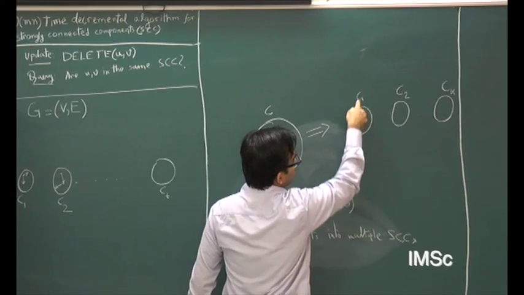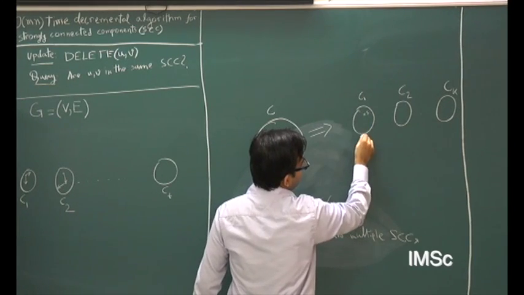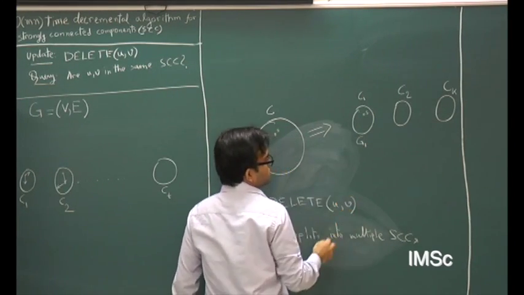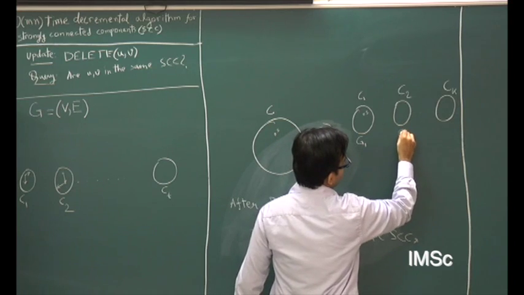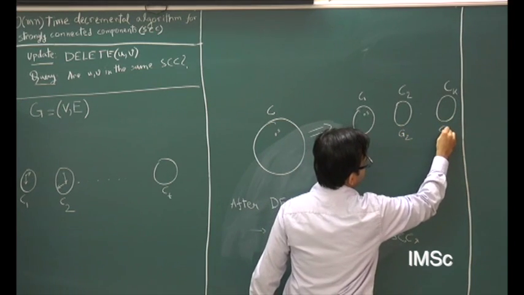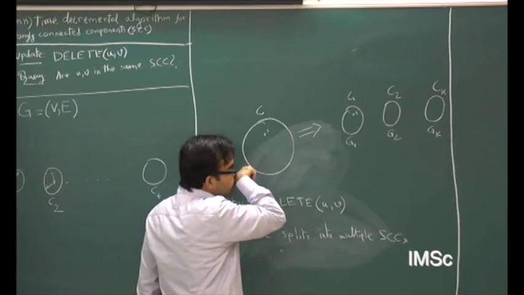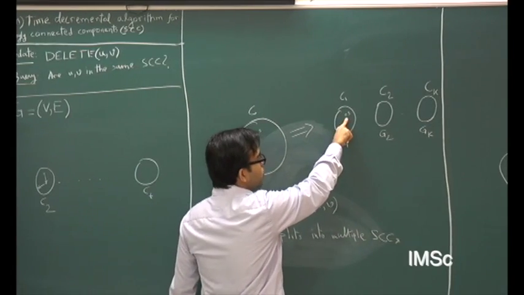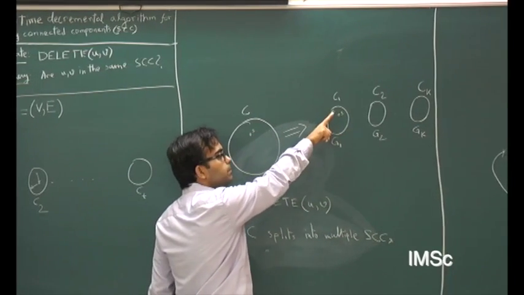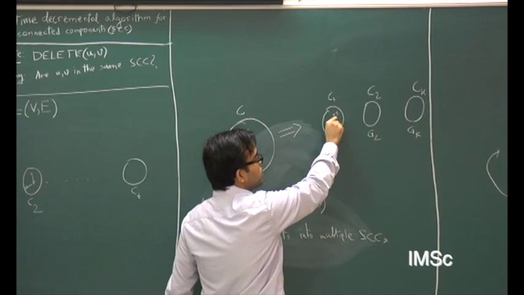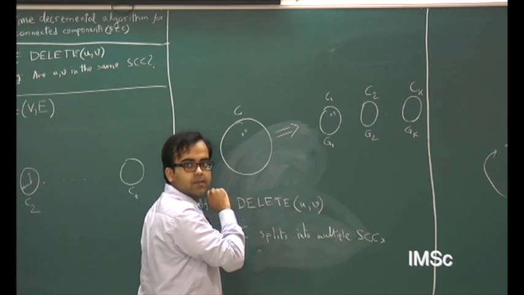And let us say the graph induced by the nodes in C 1 is G 1, this is G 2, till G k. So, first of all, we want to maintain the 2 BFS trees from S in G 1 now.